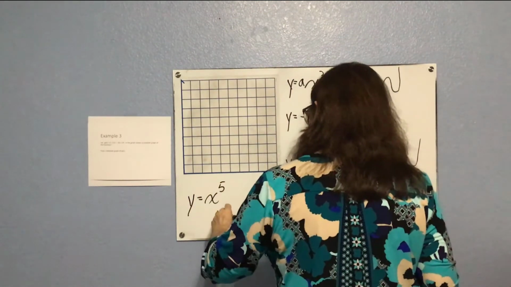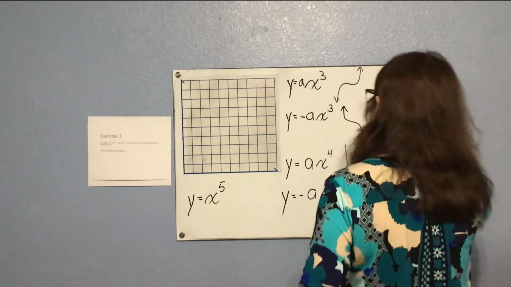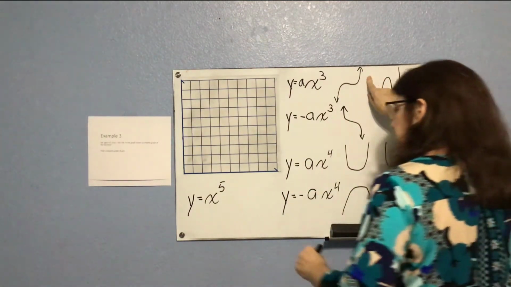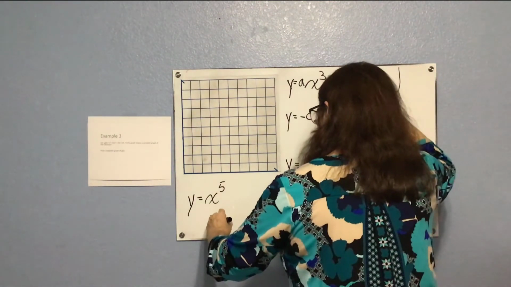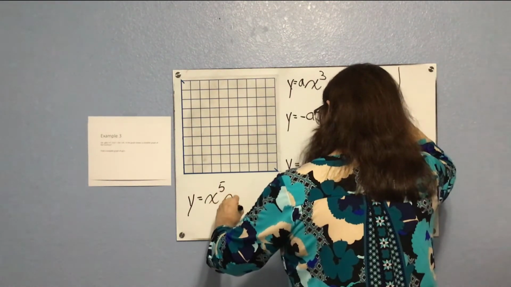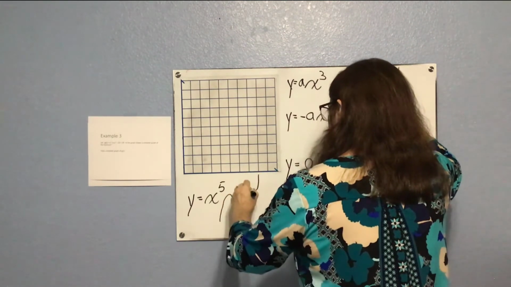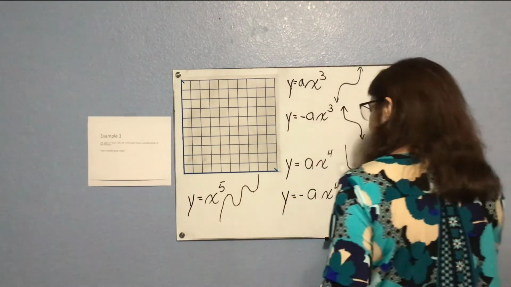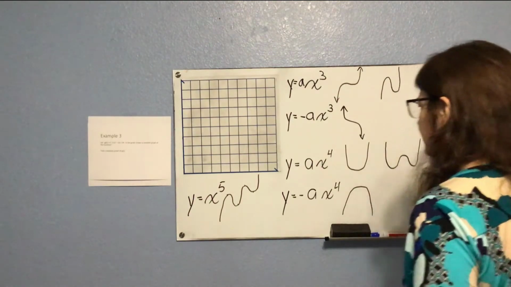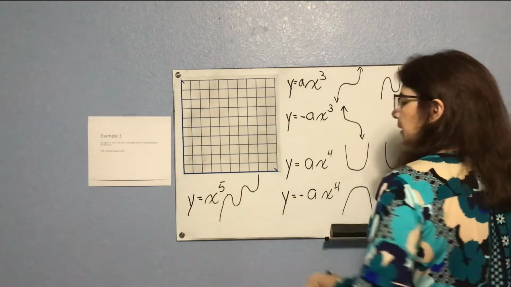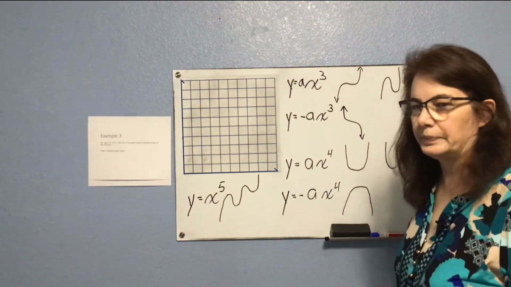a 5th degree polynomial is going to be similar to a 3rd in that it starts low and ends high as long as a is positive. But it could have a little more interesting center. So I've got 1, 2, 3, 4 peaks and valleys. But it's always going to start in one corner and end in the opposite corner.